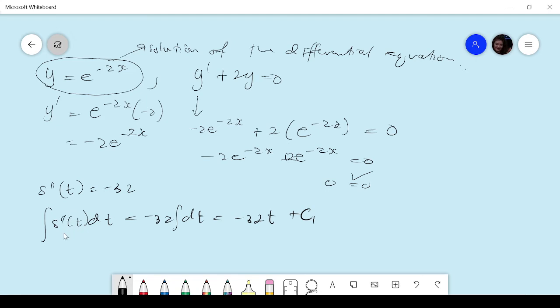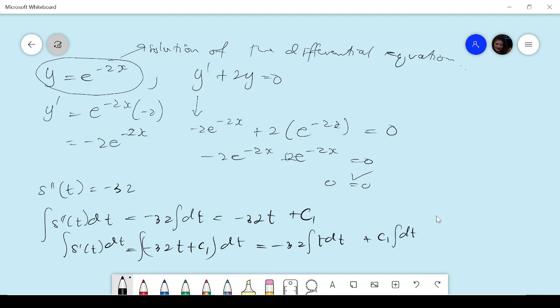Okay, this is double prime, and the integral of the second derivative is just the first derivative. So this is s prime of t equals minus 32t plus c1. Then when you take again the integral with respect to t, we have minus 32 integral of t dt plus c1 integral of dt.